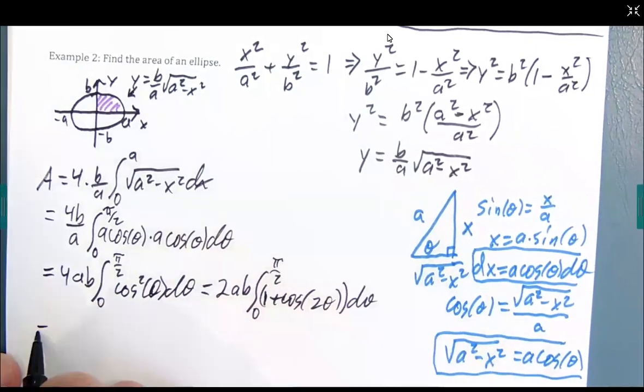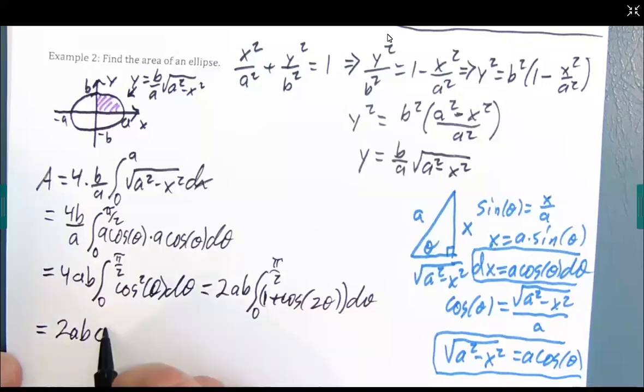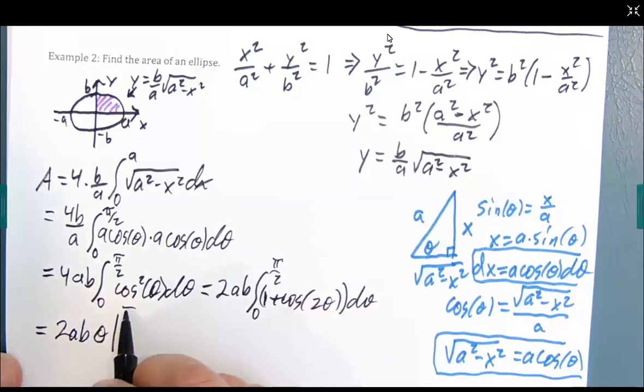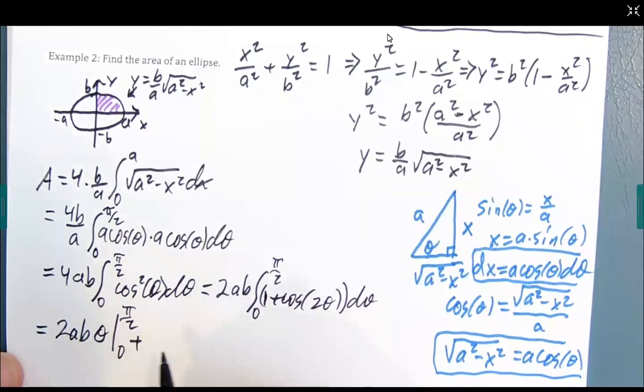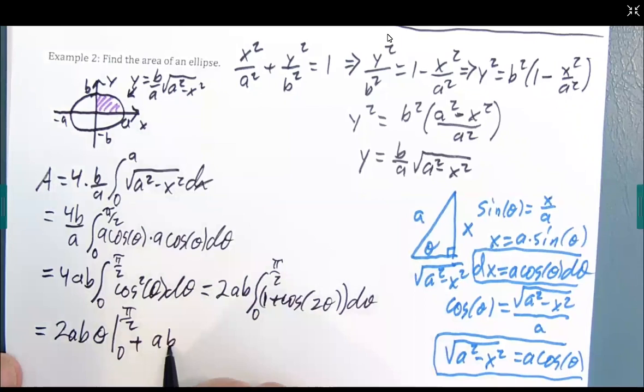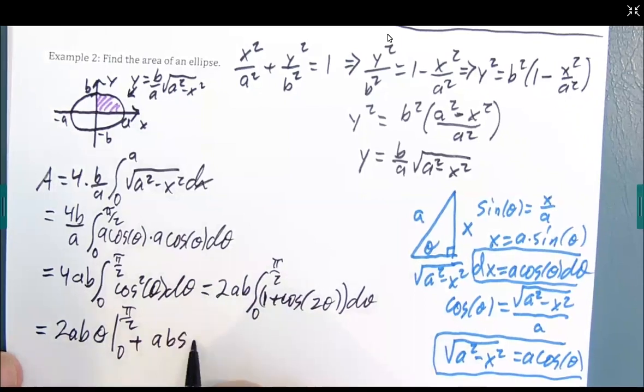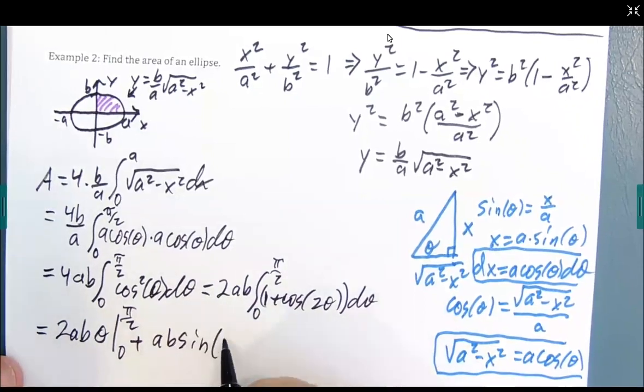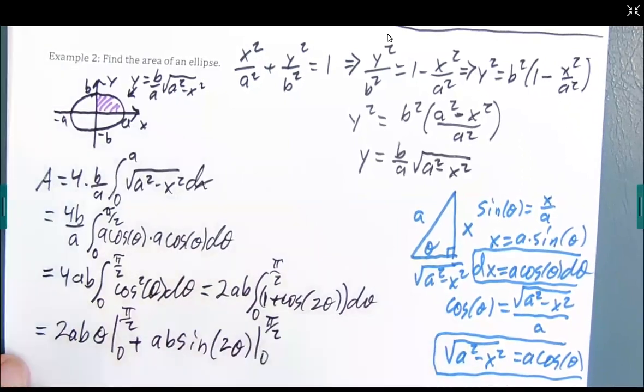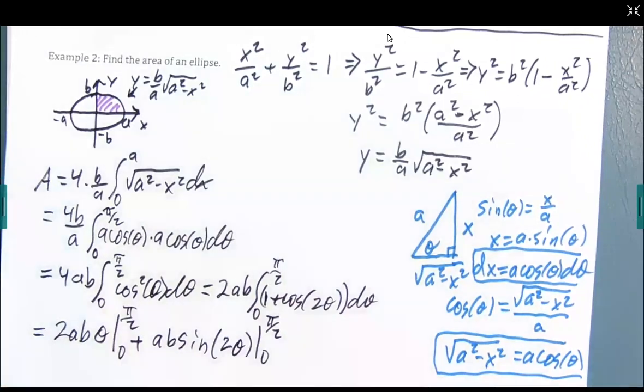This becomes 2ab theta from 0 to pi over 2, plus, and I'm going to get an extra 1/2 from that there, and that's going to cancel out there. So this is just ab sine of 2 theta from 0 to pi over 2. Now the nice thing is, when I plug in pi over 2, that gives me sine of pi, which is 0.